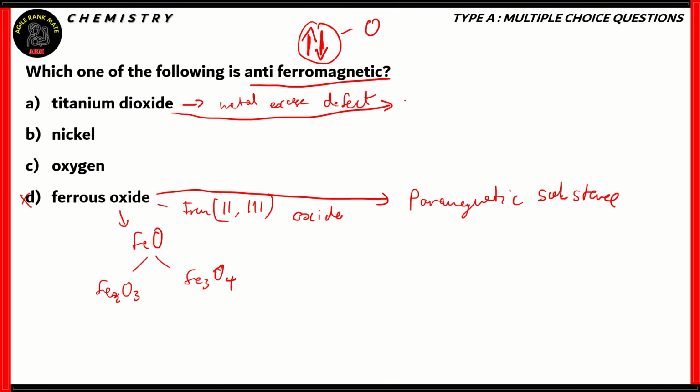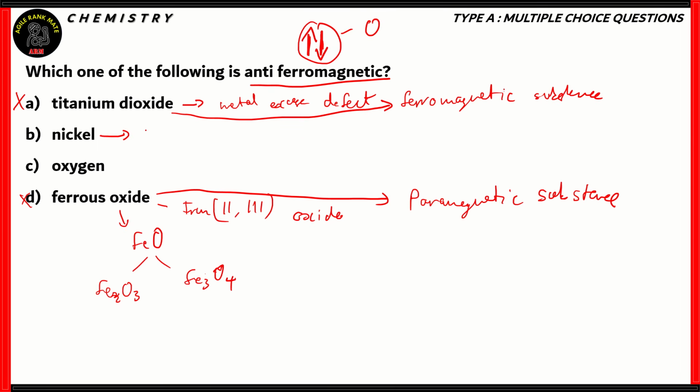And since it's titanium, titanium is attracted to magnetism, and since in titanium oxide you have the metal excess defect, it turns out to be a ferromagnetic substance. So therefore option A is incorrect.